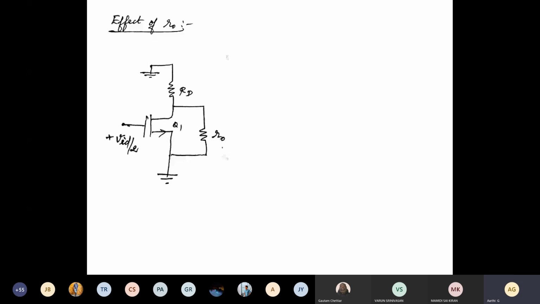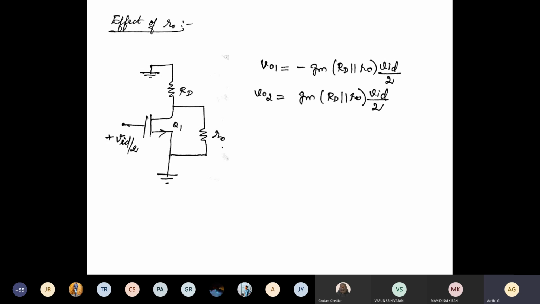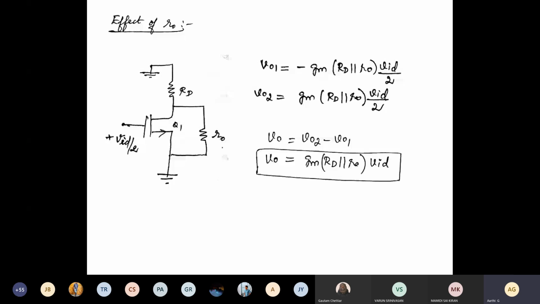Now when we include the effect of the output resistance, what will happen? In the previous analysis, we have not considered the effect of output resistance. If we include it, the equations will slightly change. In all the equations, the drain resistance RD will be in parallel with R0 if we are including the output resistance.